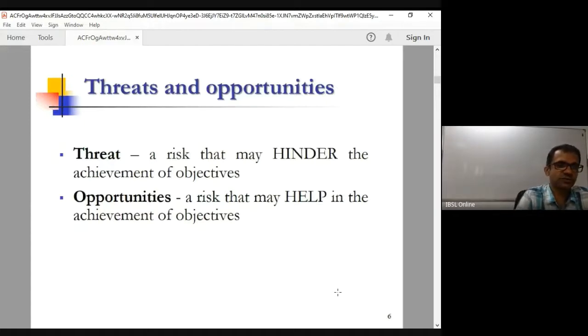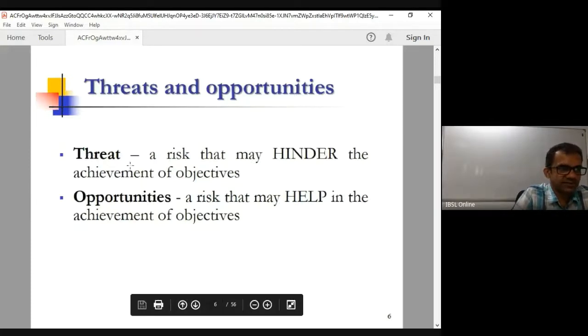You wanted to borrow, and before you borrow, interest rates increase, so your interest expense increases. That is a threat. But the risk is the volatility in interest rates, that means frequent changes in interest rates. We never know what would happen to interest rates in future. That is the risk we are discussing. But that risk may be an opportunity or a threat, depending on your expectation.